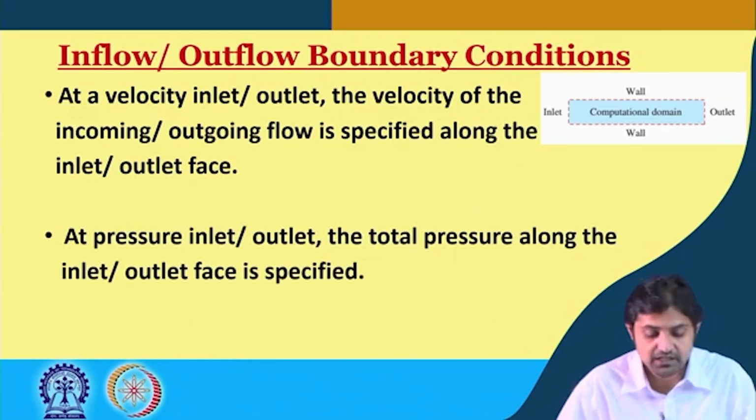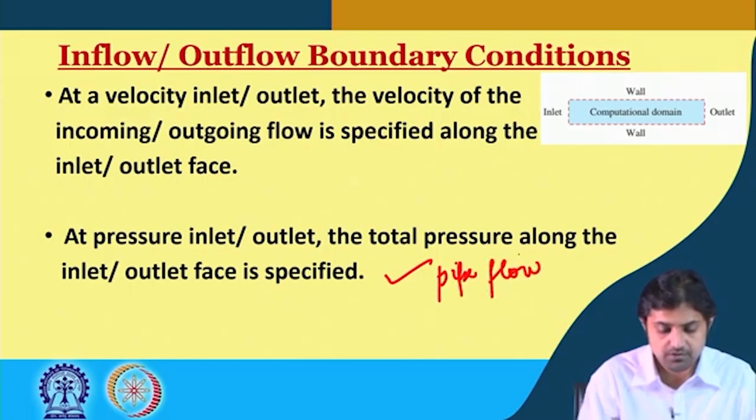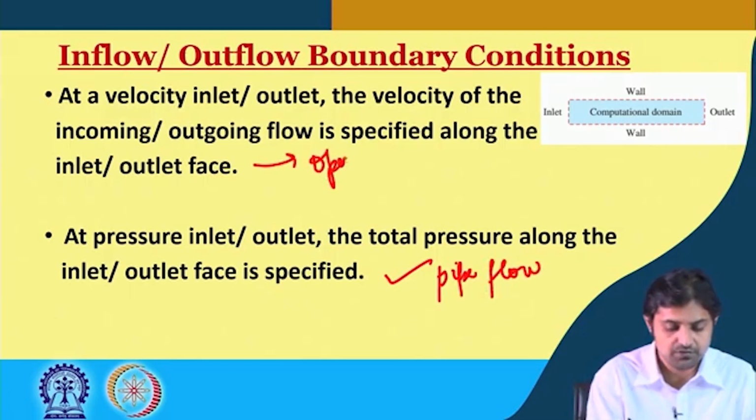At pressure inlet and outlet, the total pressure along the inlet and outlet face is specified. So, the specification can be in two forms, whether we want to specify the flow velocities at the inlet or outlet, or the pressure. One typical example here for the pressure is the pipe flow. Here it is open channel flow. All right.